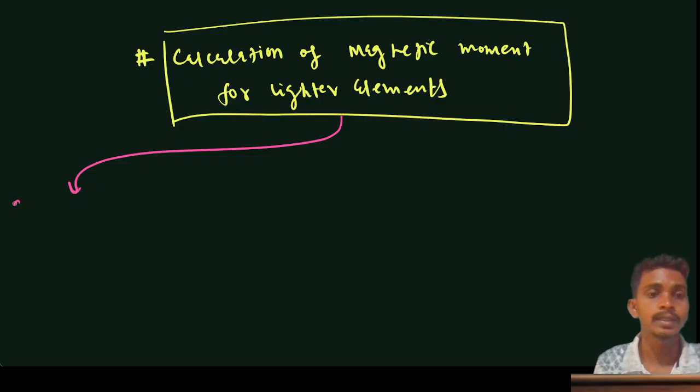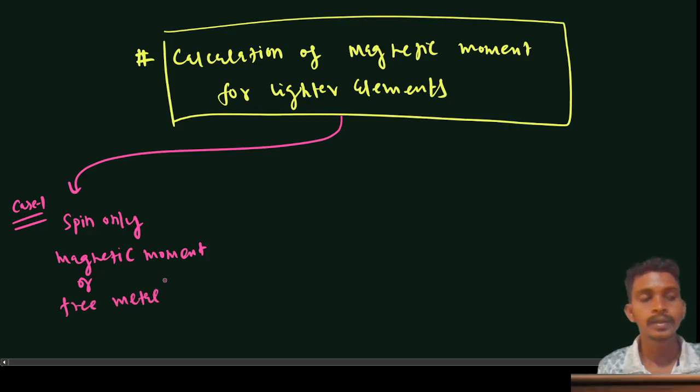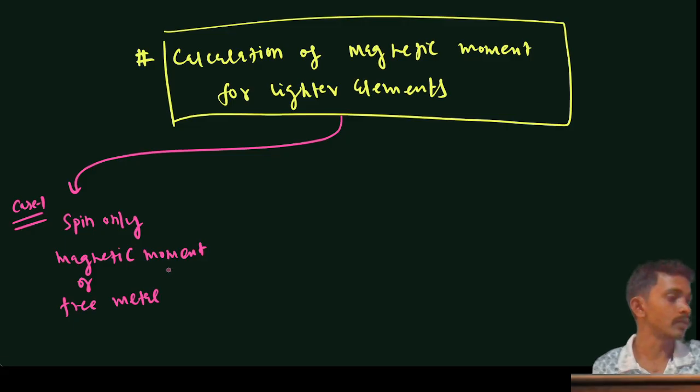Case 1: if it asks, or mentions magnetic moment, or it says free metal complexes, that is, free metal ions.